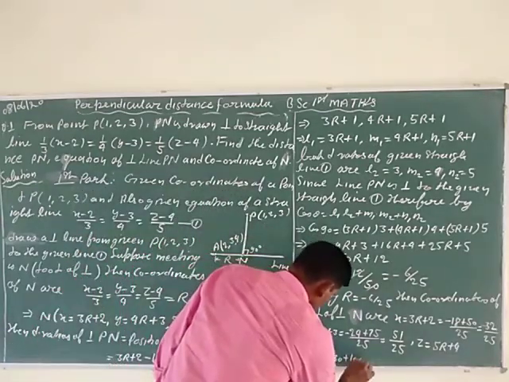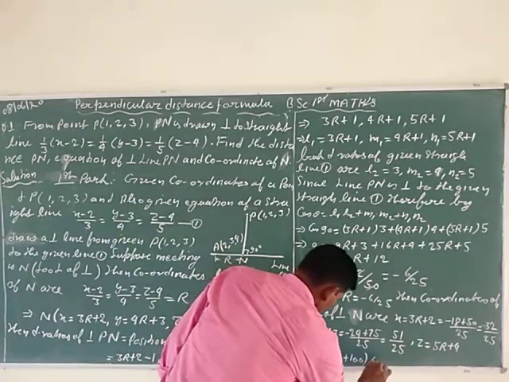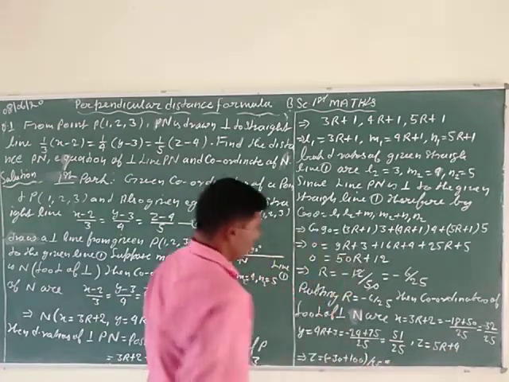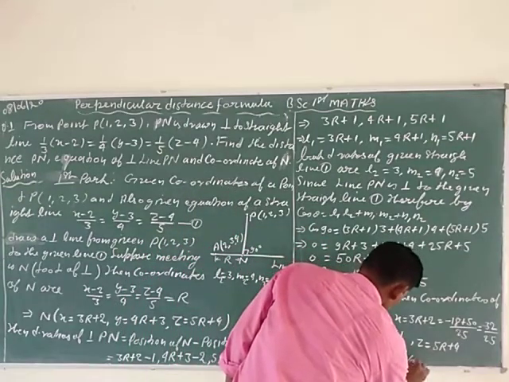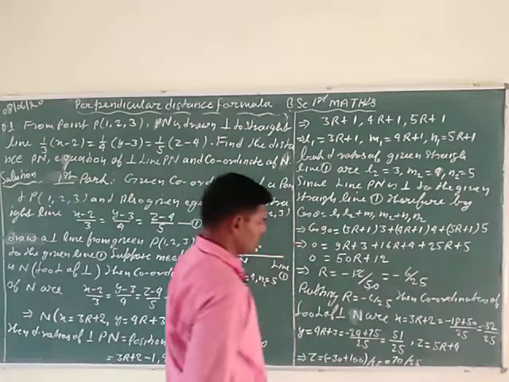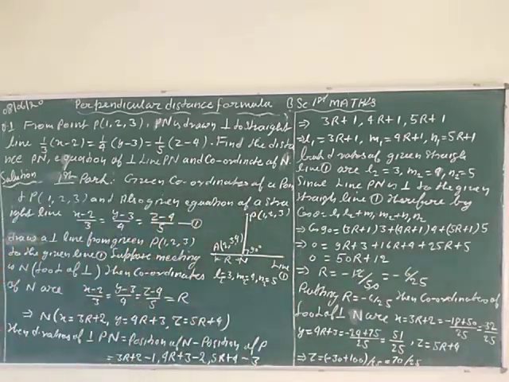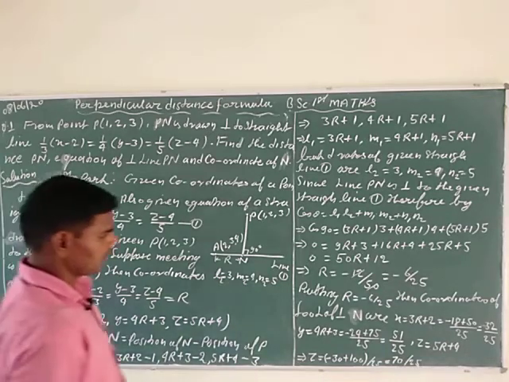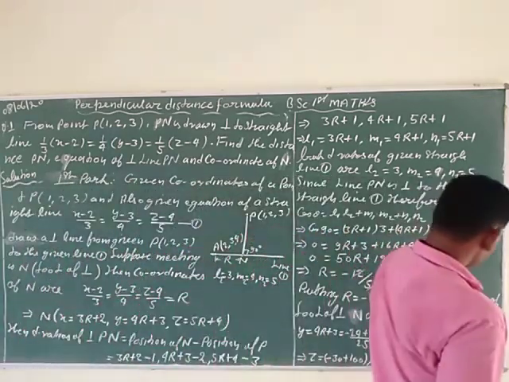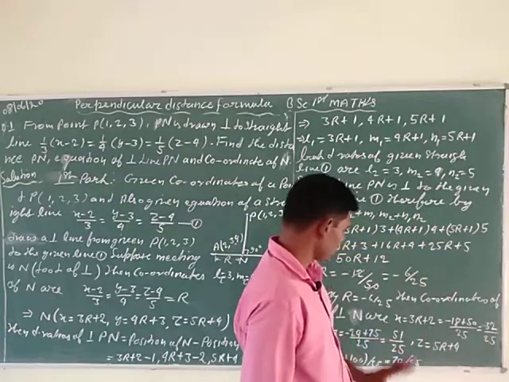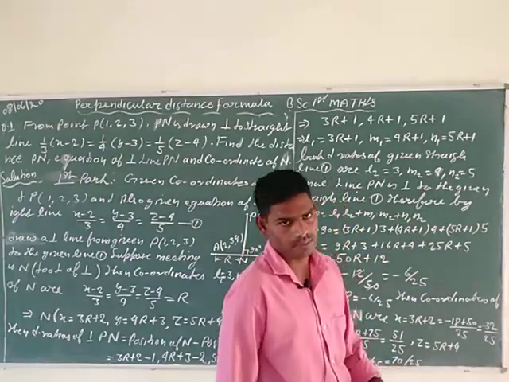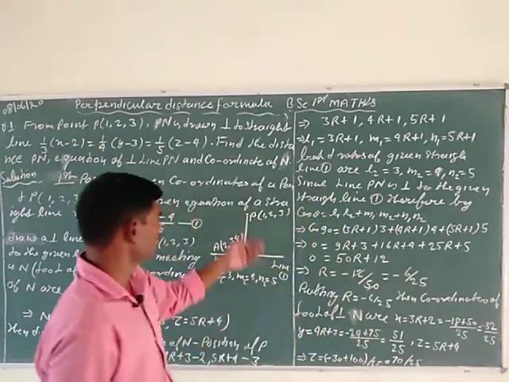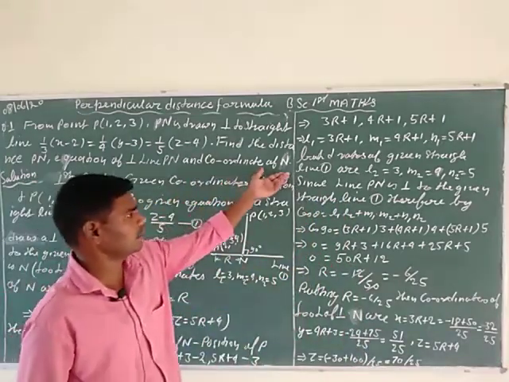So 100 minus 30 is 70, divided by 25, 70 by 25. These are the coordinates of the foot of the perpendicular N, meaning the coordinates of N are 32 by 25, 51 by 25 and 70 by 25.